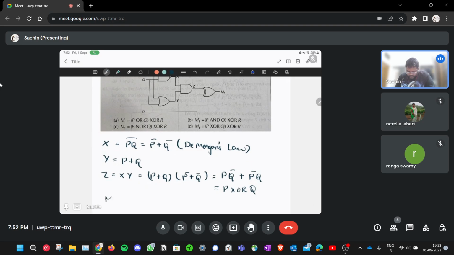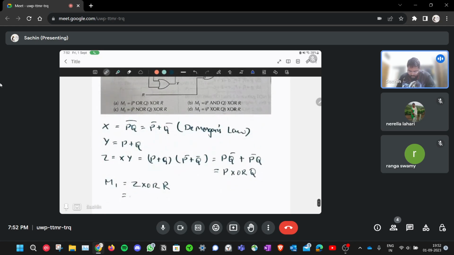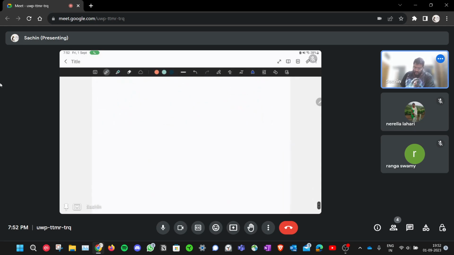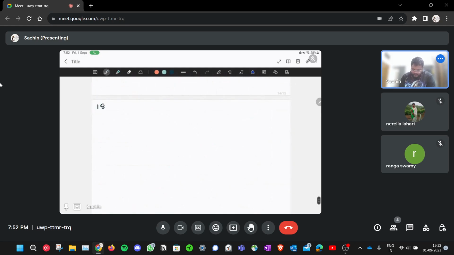Now m1 is z XOR r and z is p XOR q. So m1 is p XOR q XOR r, which is option D. Okay, next question.